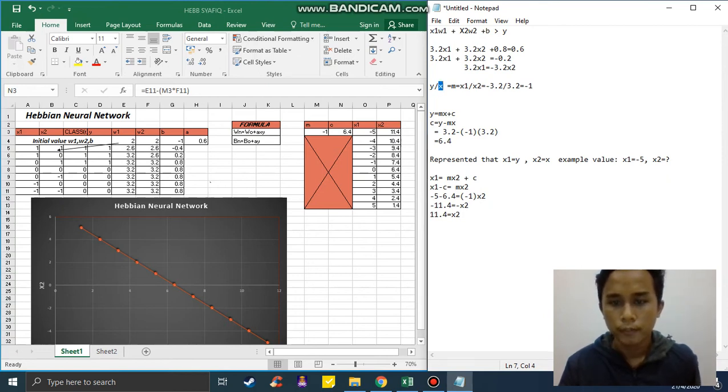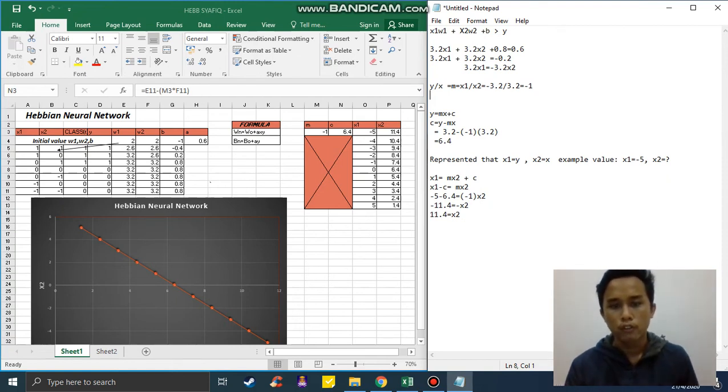That's why I put the value 3.2 minus the gradient, which is -1, multiplied with 3.2, the value of x, which in the Excel I present as W2.